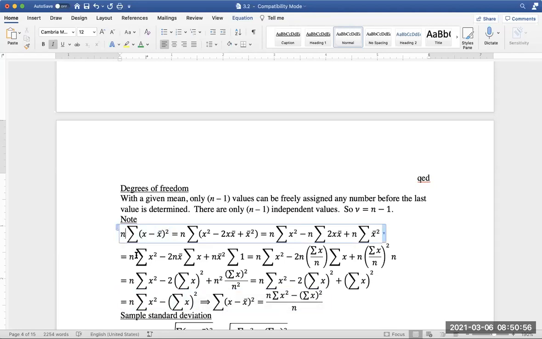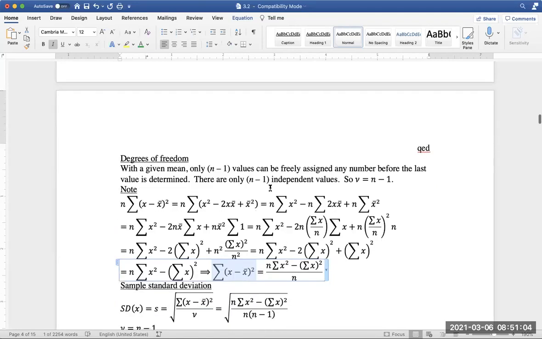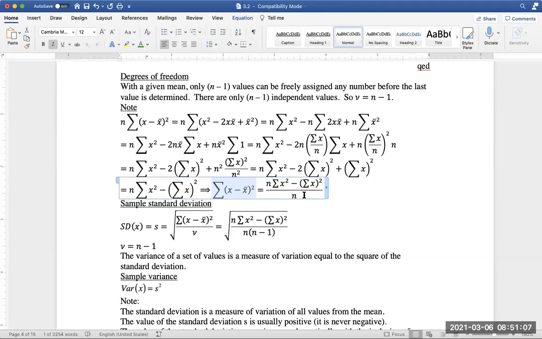So let's divide both sides of my equation by n. So I have the sum of x minus x bar squared is n times the sum of x squared minus the sum of x quantity squared, all over n. So now I can explain where we get this. So now let me define the sample standard deviation. The sample standard deviation will be denoted by SD for standard deviation, with a lowercase x to indicate that it's a sample.